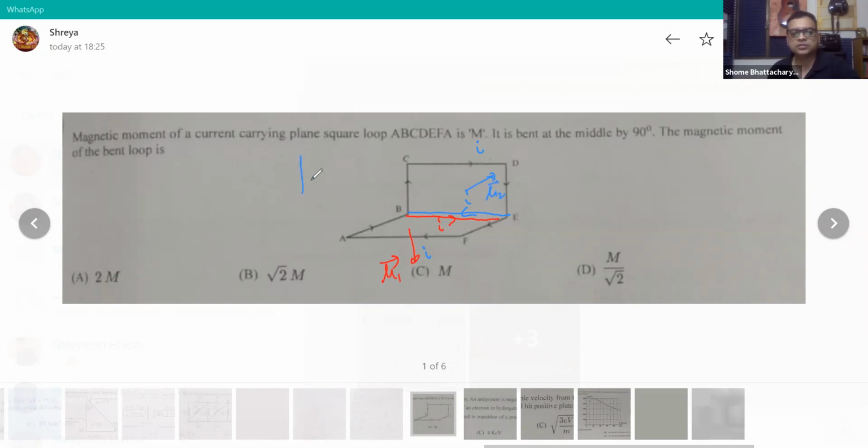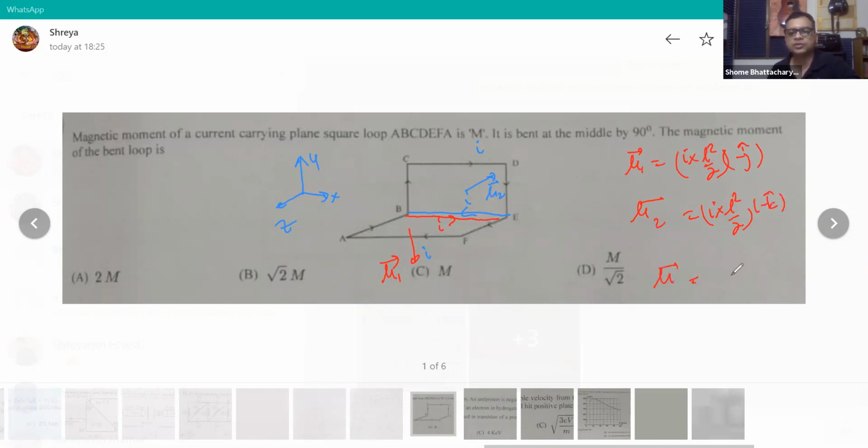If you take this as your system of axes, mu1 will be current into area, that is I into L square by 2, going into the plane downwards, so along the negative y-axis, minus j cap. And mu2, the one in the xy plane, will again be I into L square by 2, but its unit vector is going into the xy plane, so it is along minus k cap.